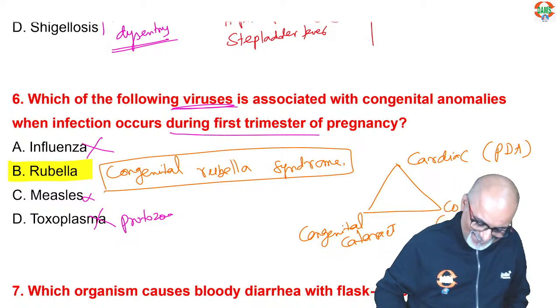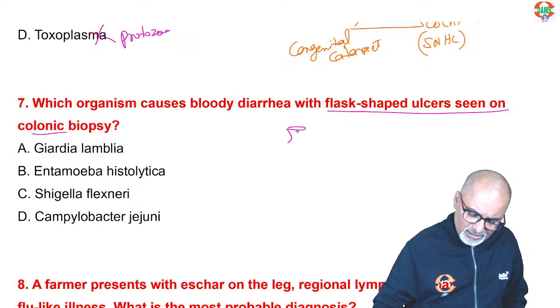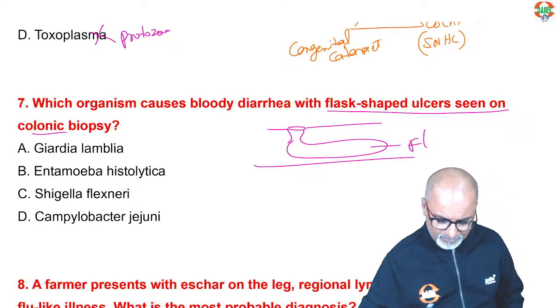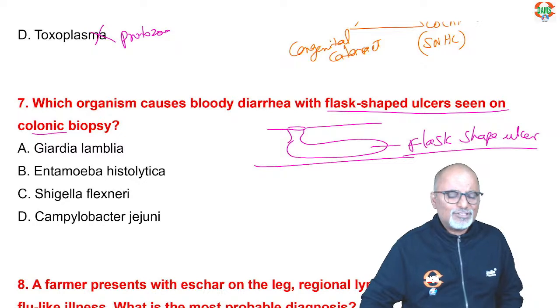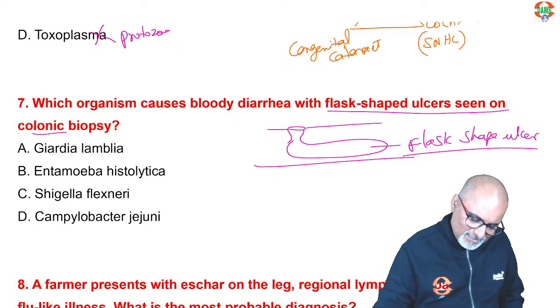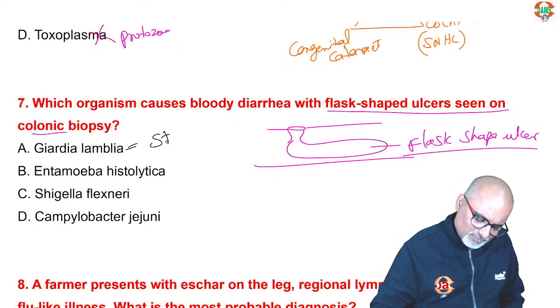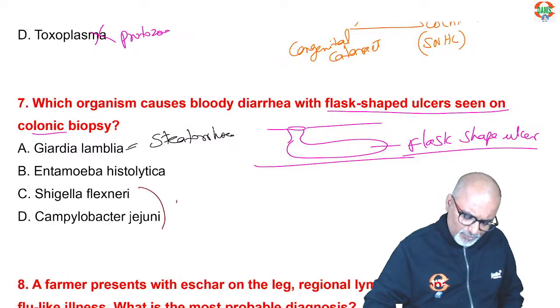Good name. Next is, which organism causes bloody diarrhea with flask-shaped ulcer seen on colonic biopsy? If you take the biopsy, there is submucosal spread. Flask-shaped ulcer is the classical feature. For example, Giardia produces steatorrhea, fatty stool. Shigella and Campylobacter produce bloody diarrhea.